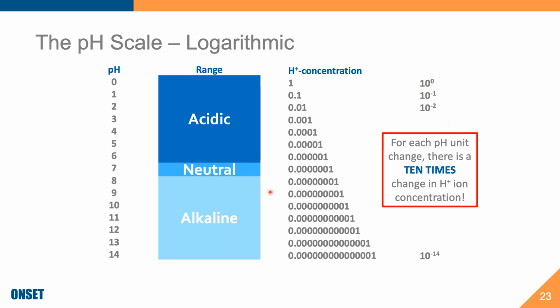So when someone says to you, well, it's just a pH change from 8 to 6, that's 100 times different. So just keep in mind, this is a logarithmic scale, and just because it looks like it's a 1 unit change, it's actually a significant amount.